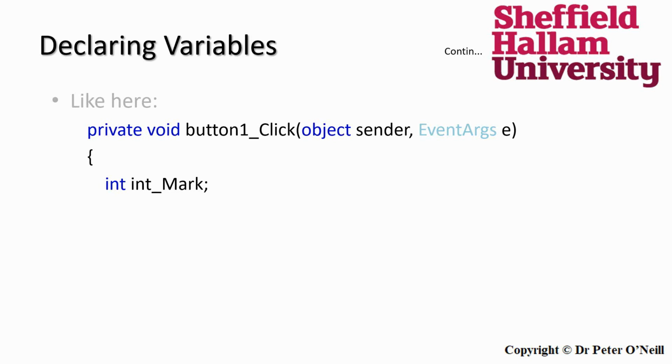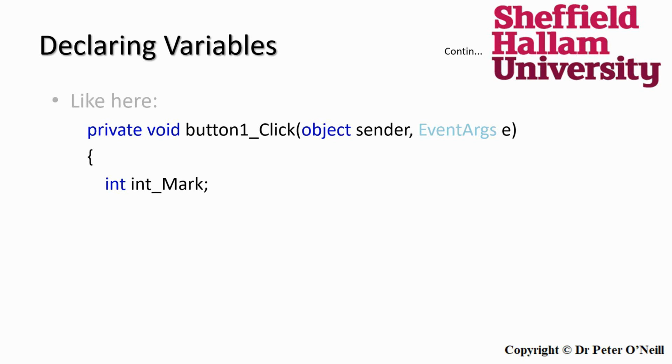I find that personally this makes it easier for me. Also, what it does mean is that lower down in my code, if I cannot see the declaration of mark, I know what type mark is actually accepting and what it isn't accepting.